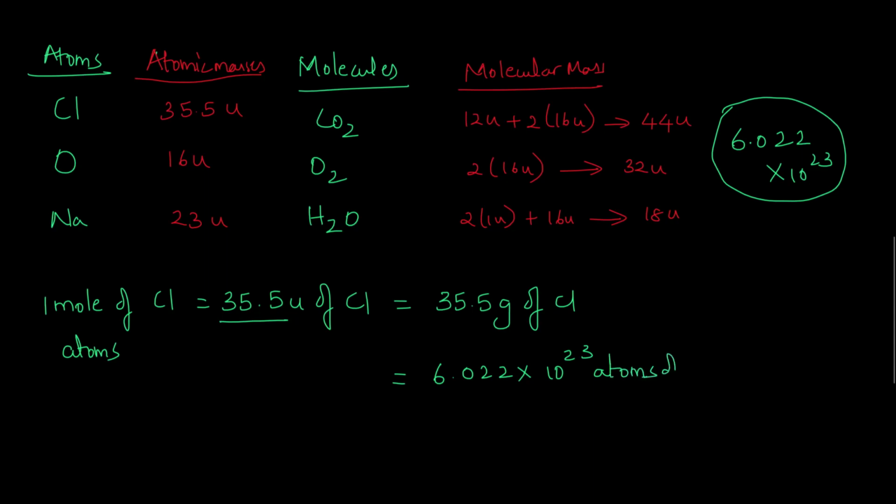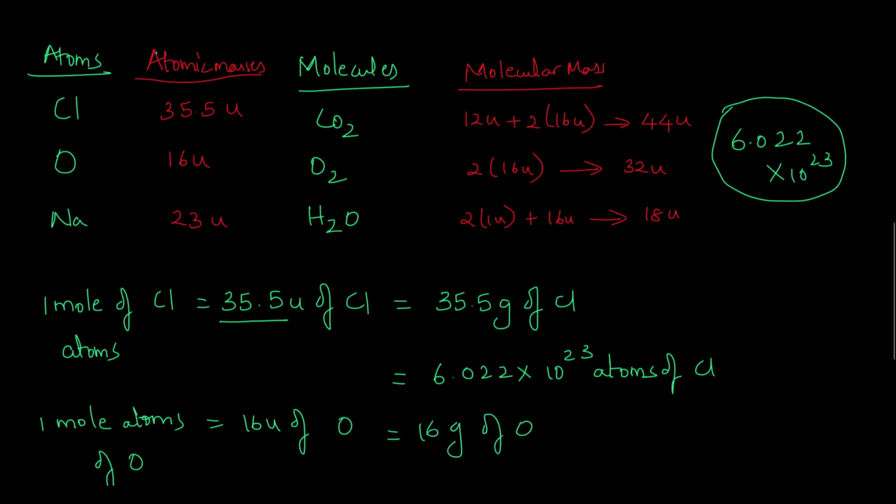atoms of chlorine. Similarly, 1 mole atoms of oxygen will be equal to 16U of oxygen, which is also equal to 16 grams of oxygen, that is again equal to 6.022 into 10 to the power of 23 atoms of oxygen.